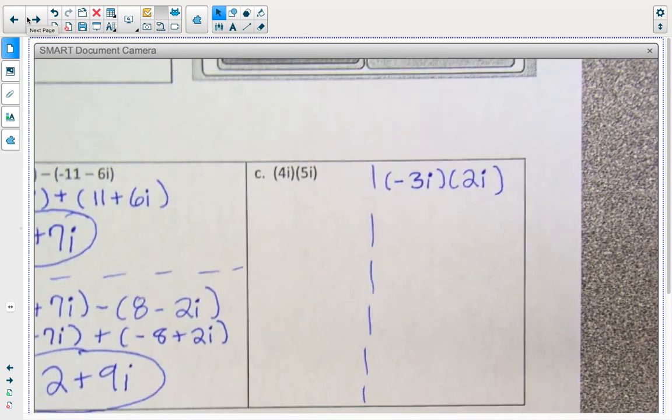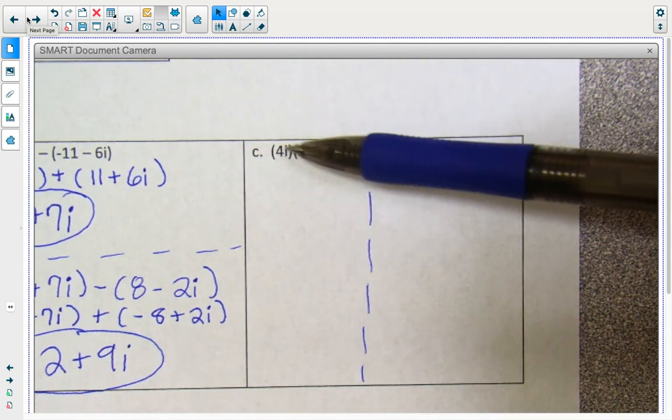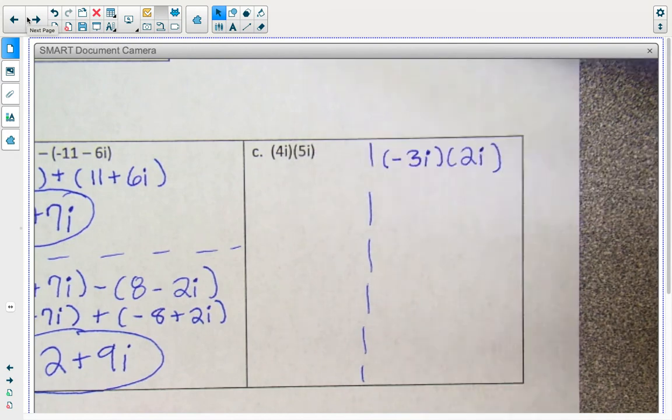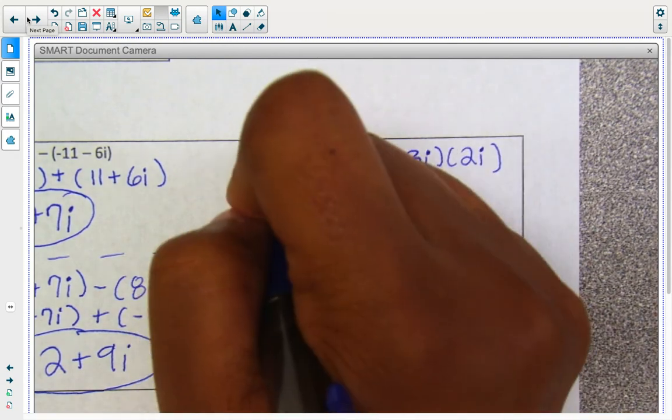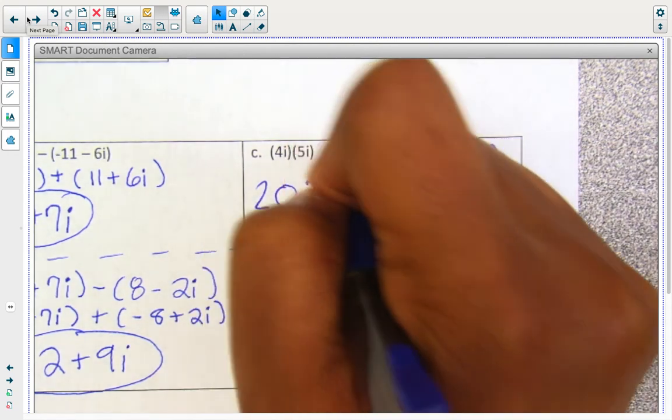Let's take a look at what to do if we have some i squared or different kind of multiplication going on here. We're going to do way more multiplication tomorrow. I'm just going to practice using the i squared and how to simplify that. So if we're doing 4i times 5i, we're going to multiply 4 times 5. That's 20. And i times i is i squared.